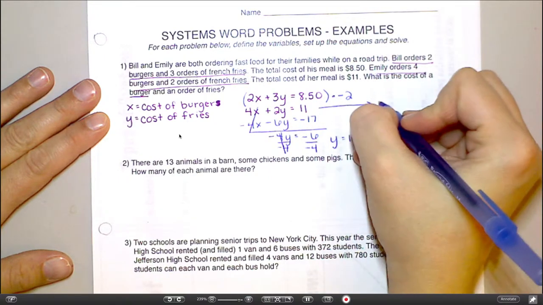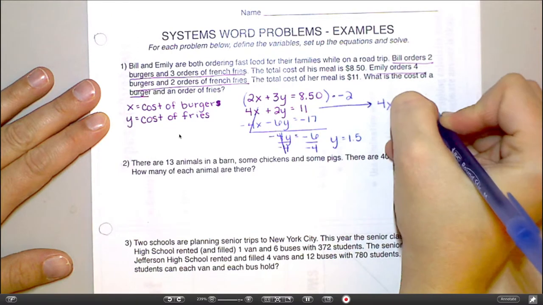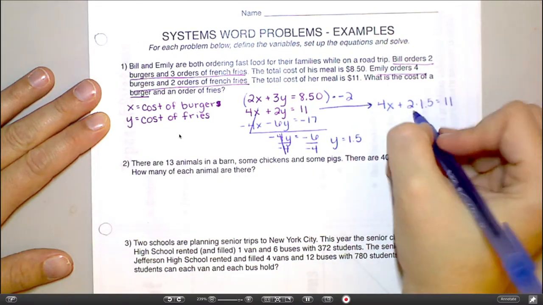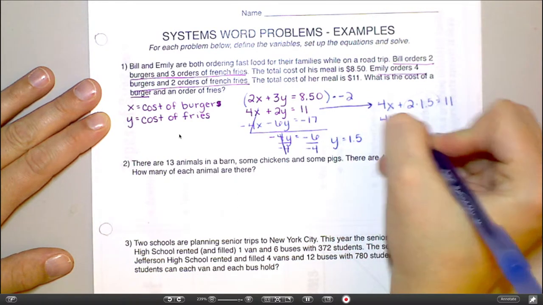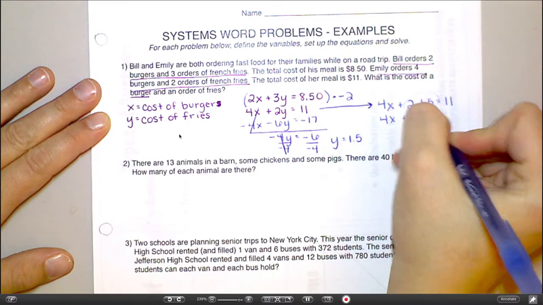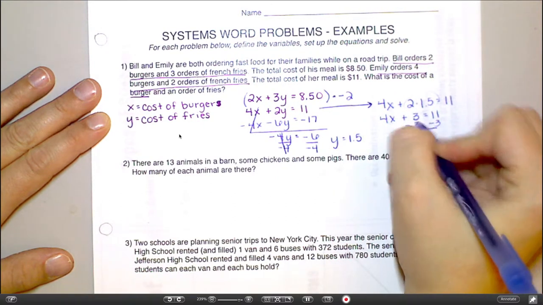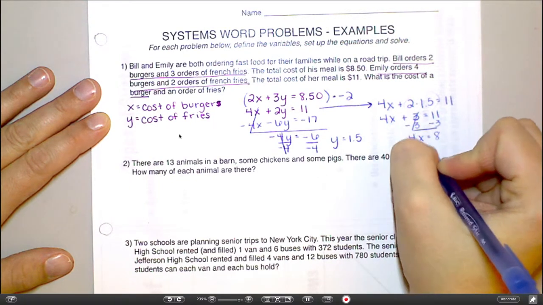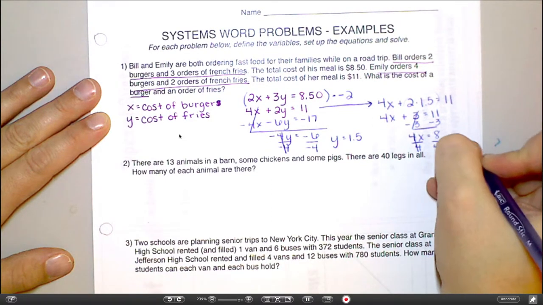All right, 4x plus 2 times 1.5 equals 11. 2 times 1.5 is 3. So 4x plus 3 equals 11. Subtract 3, subtract 3. 4x equals 8. Divide by 4. And x equals 2.